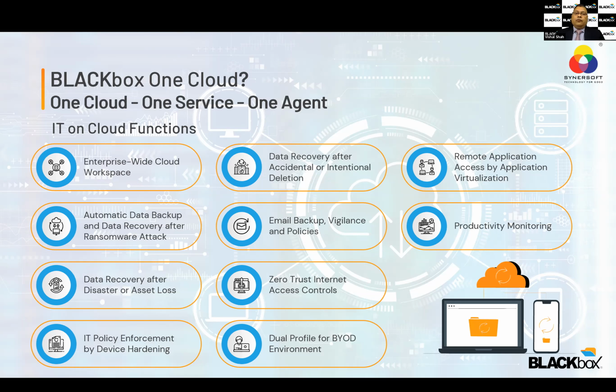So what Blackbox does is it achieves all these things as a single agent. So now, having understood all these functions, we know that to achieve all these functions, we have some or the other product available in the market. And most of us would know that for automatic data backup, what kind of product would be there, for remote access, what kind of solution would be there.